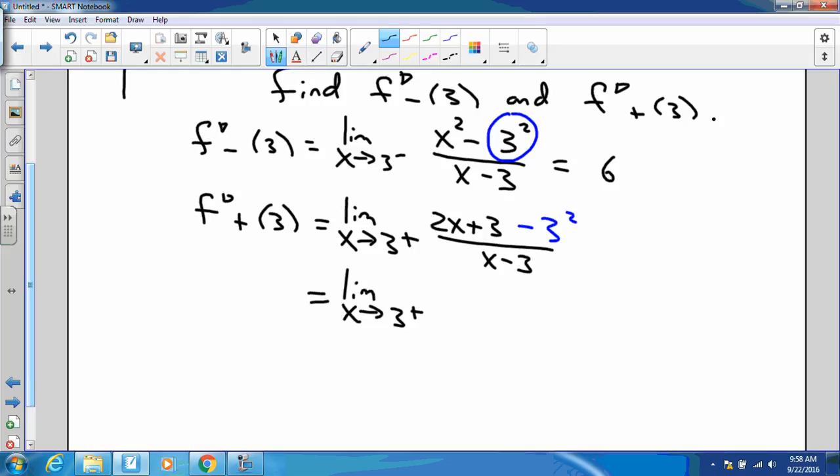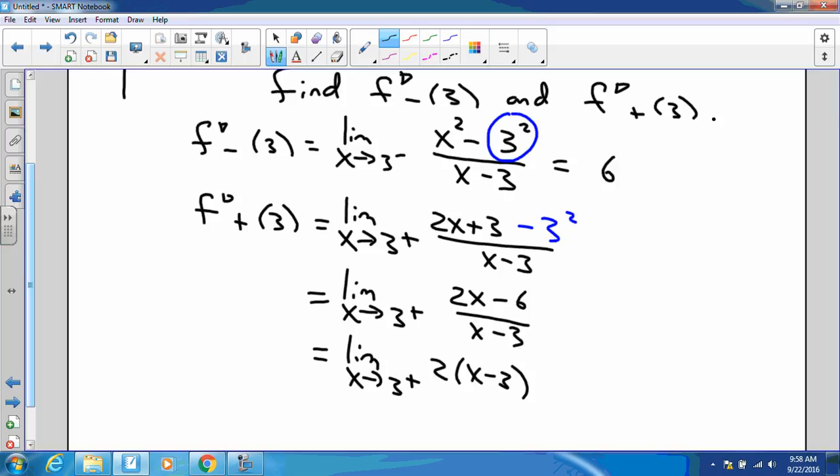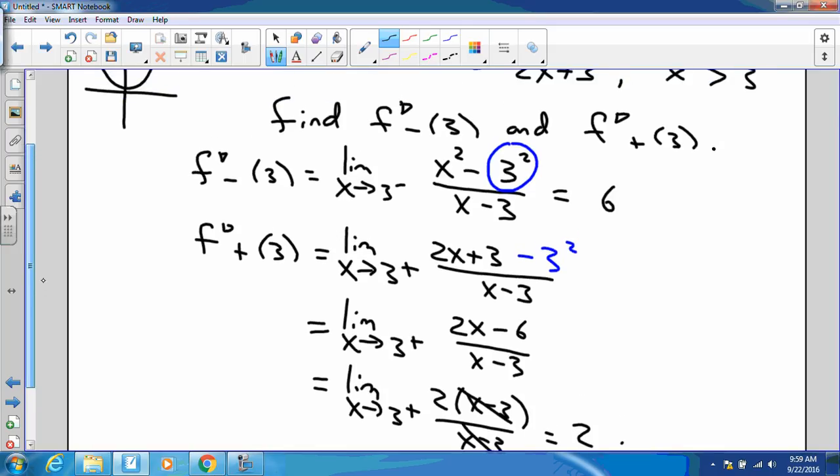And when this simplifies, I actually get a different value than 6. I get 2x plus 3 minus 9, which is 2x minus 6, which is pretty much what you thought it was going to be, because you probably recognized that we had a straight line.